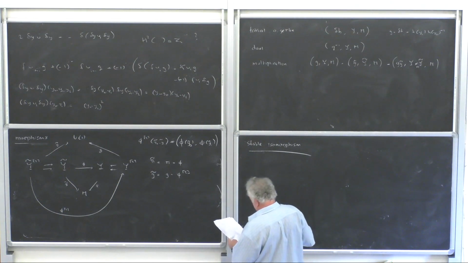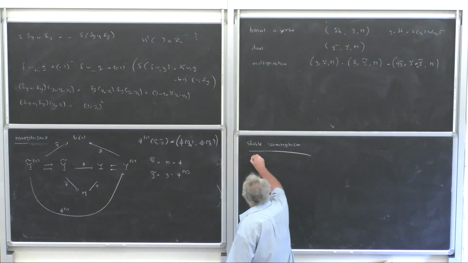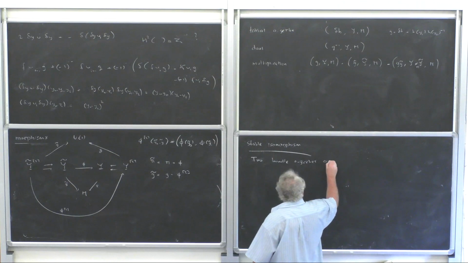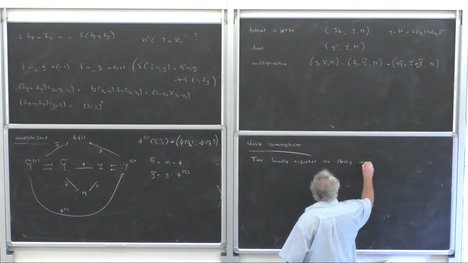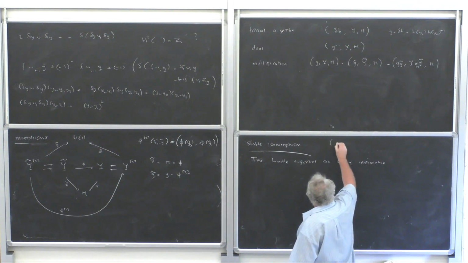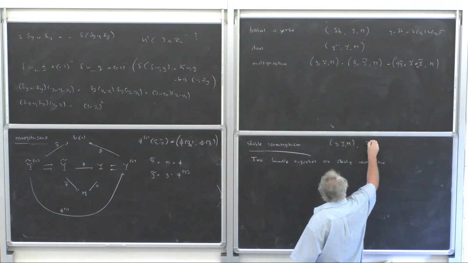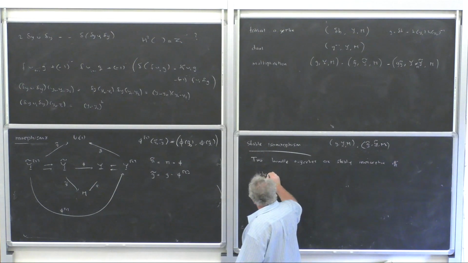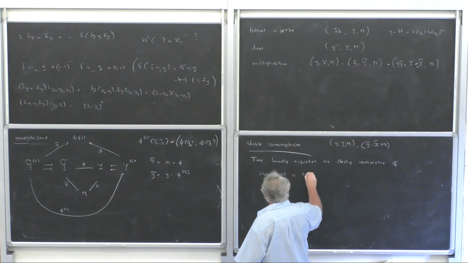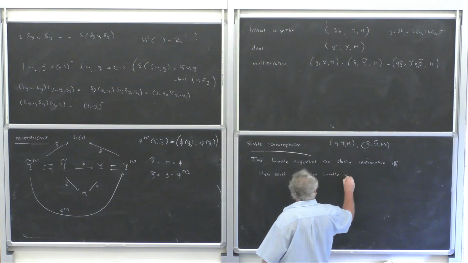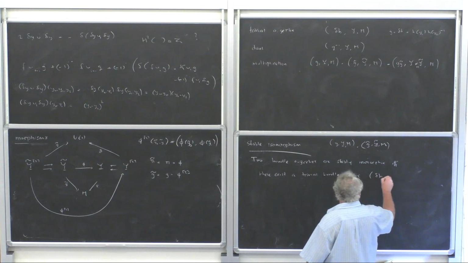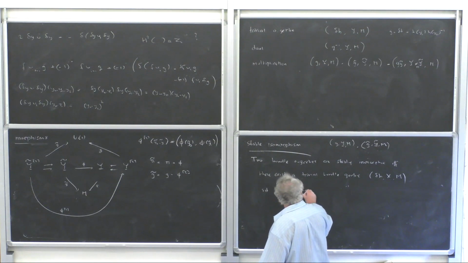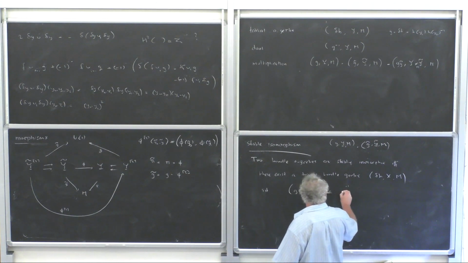Two bundle zero gerbes, let me call them (G, Y, M) and (G tilde, Y tilde, M), are stably isomorphic if and only if there exists a trivial bundle gerbe such that they are isomorphic up to this trivial bundle gerbe.